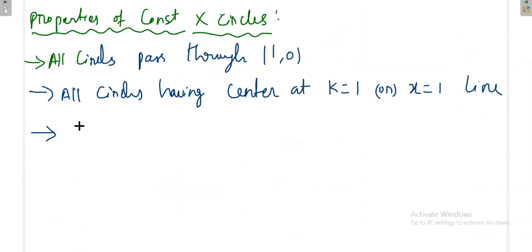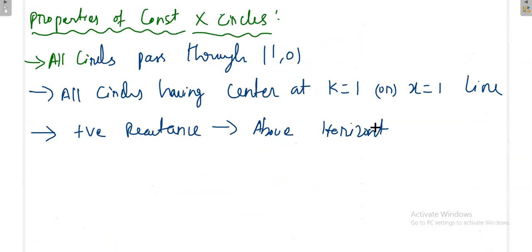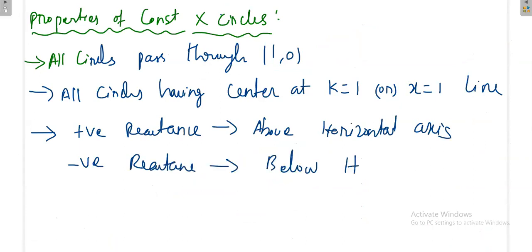Positive reactance means above the horizontal axis, and negative reactance means below the horizontal axis.